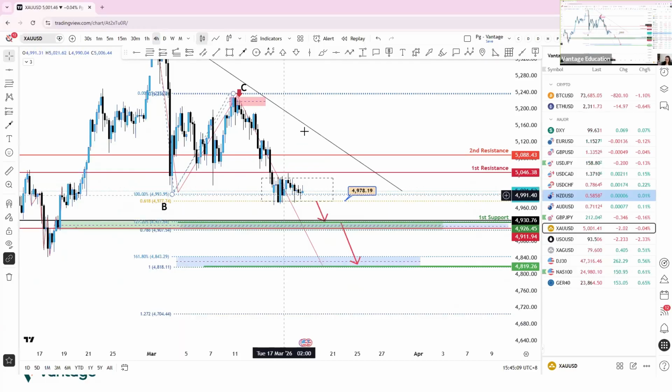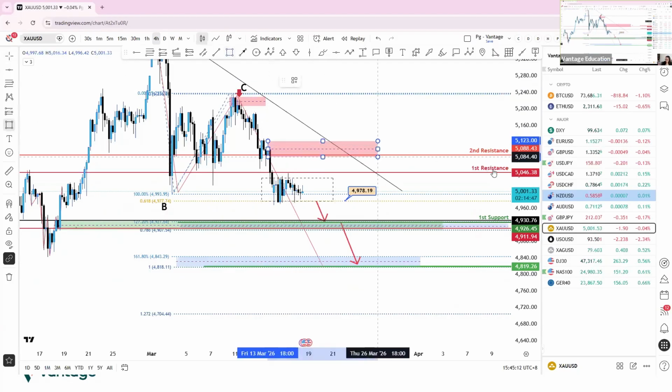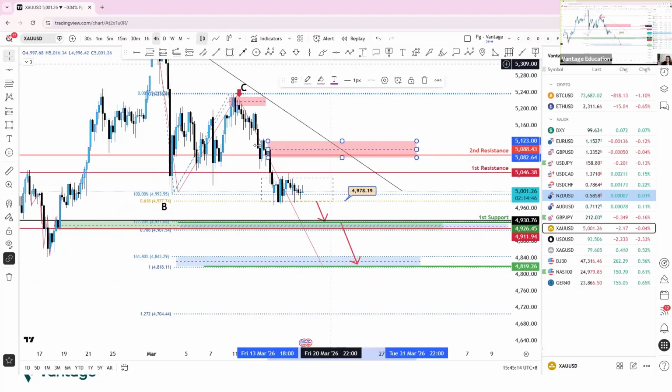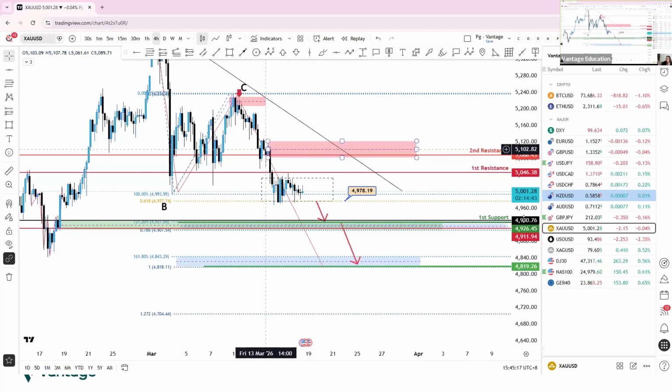If price pulls back somewhere around here, for example at the second resistance, because we have the OB here, you say, hey Peggy, can I sell again at 5046? No, I won't sell, because that one might be considered liquidity. You might clear liquidity, because if you trade with support and resistance, sometimes they will clear your resistance.